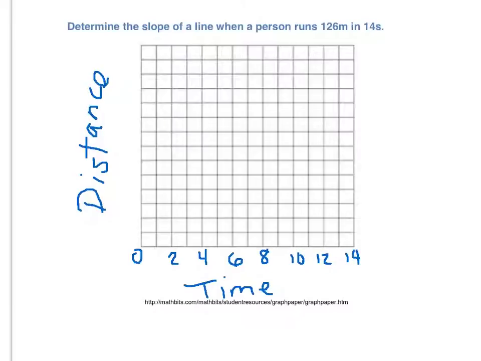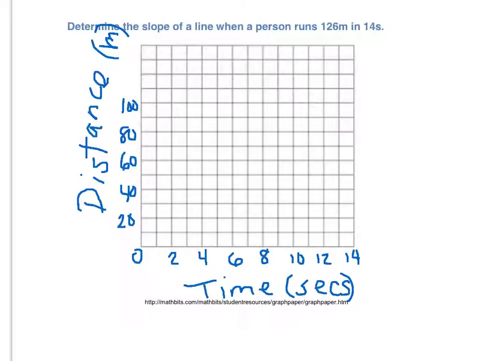And since we were talking in seconds, I'm going to go ahead and put this here that indicates seconds. And then we have meters. And we're going to go ahead and put these in 20s. All right, I think we are ready. So we need to go ahead and find this point.